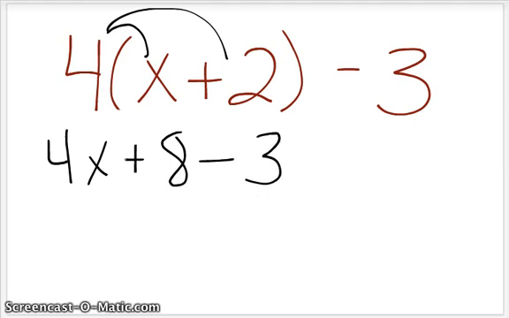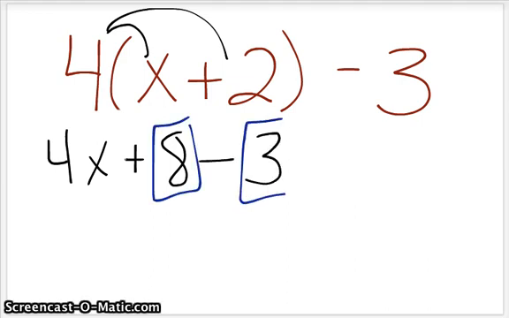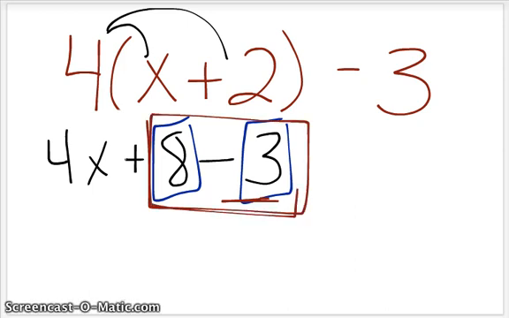My like terms here are this 8 and this 3. And when I combine them, your first thought would be, well, I'll just add 8 and 3 together. However, if you look, this 3 is being subtracted. And when a positive number is being subtracted, it gives it a negative value. We can go back to our LCO rules. If we were just to focus in on this 8 minus 3 right here, this 8 minus 3 is the same thing as 8 plus a negative 3.